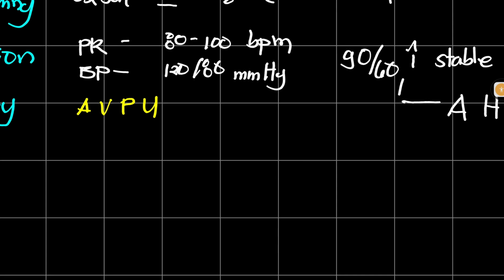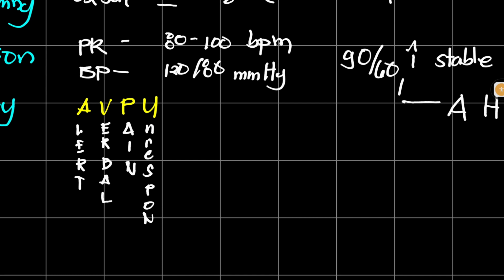AVPU is an abbreviation that stands for alert, verbal, pain, and unresponsive.